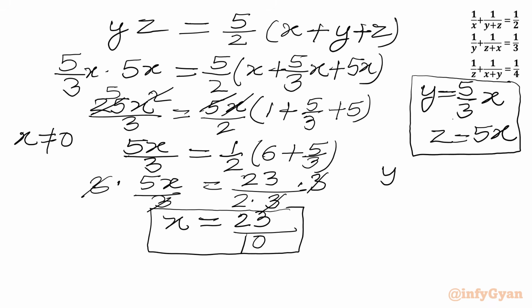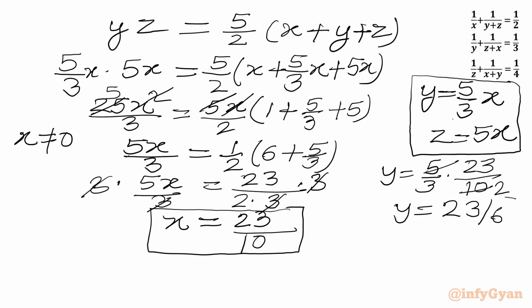So we will write y equal to 5 over 3 times x, and x is 23 over 10. We'll cancel 5 and 10, so there would be 2. Y will become 23 over 6. Now the turn of z. Z is 5x.